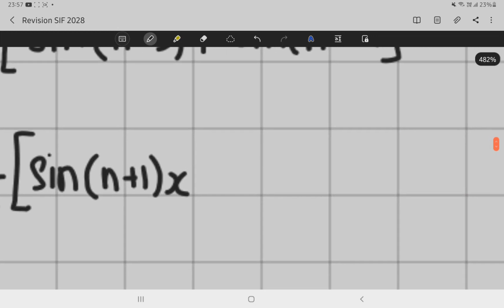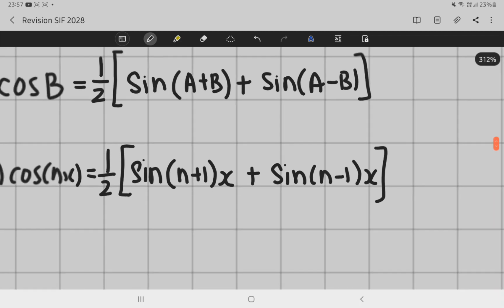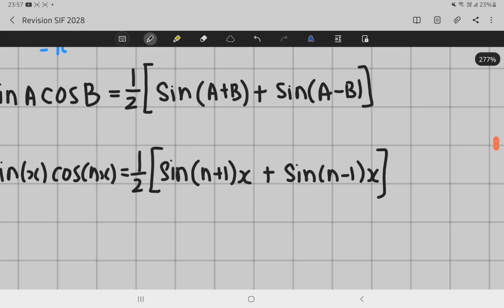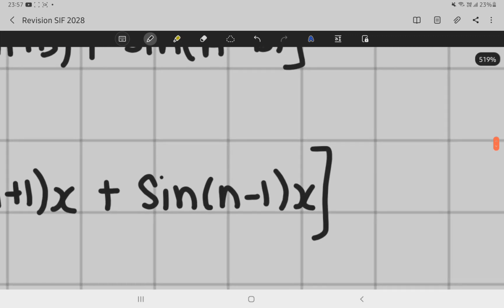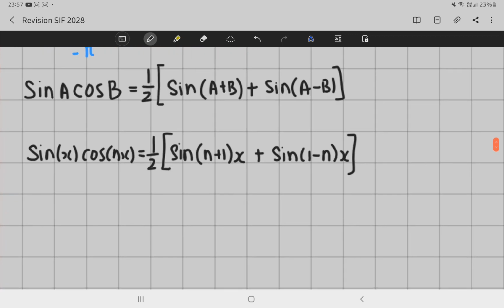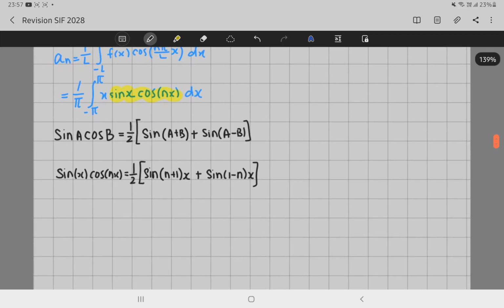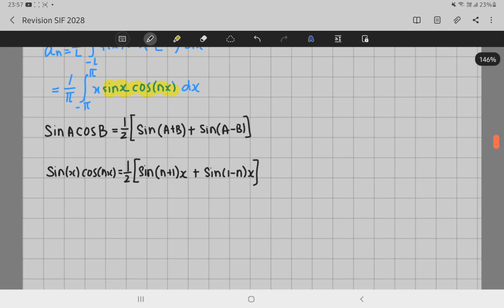Okay, right, plus sine n minus 1 x, is it? Okay, I'm sorry, 1 minus n, 1 minus n. Okay, so it's x minus nx, right? Yeah. Okay, what else? We can substitute inside there.